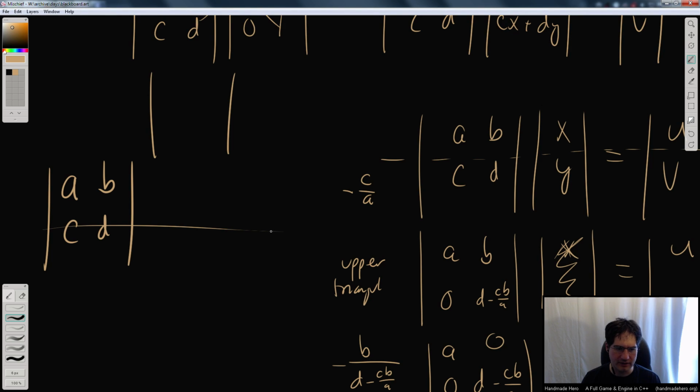Because once you do this, you need to produce a different vector here. Yeah. I'm not sure I remember how to do that.